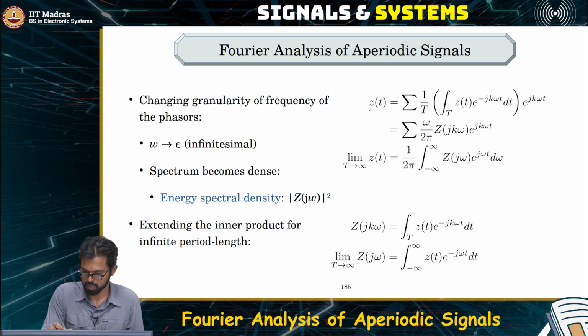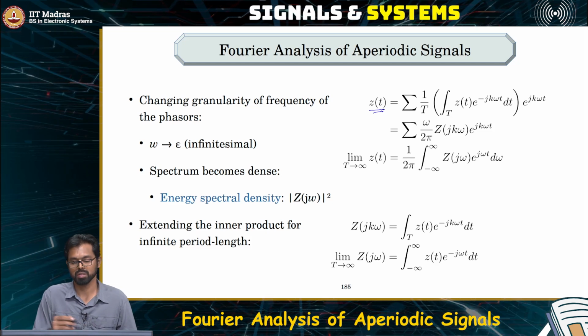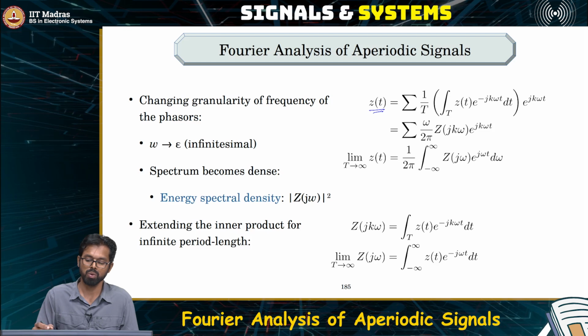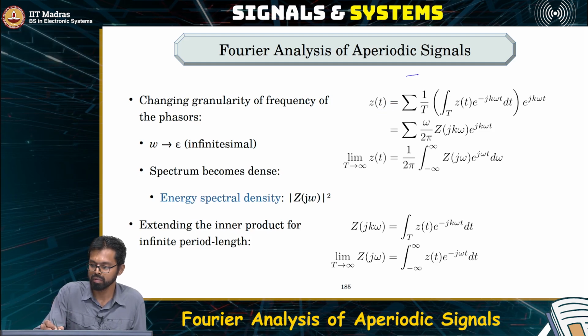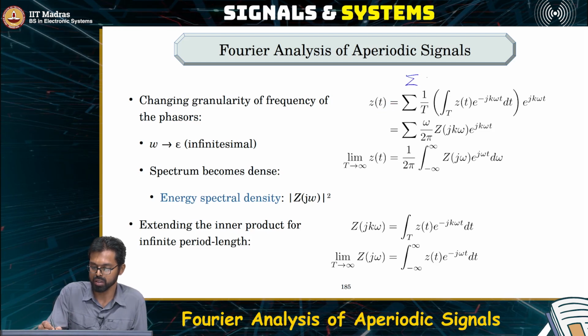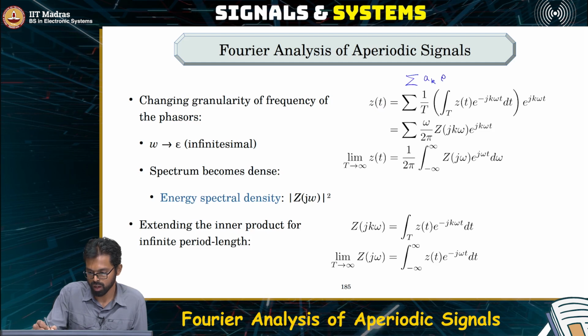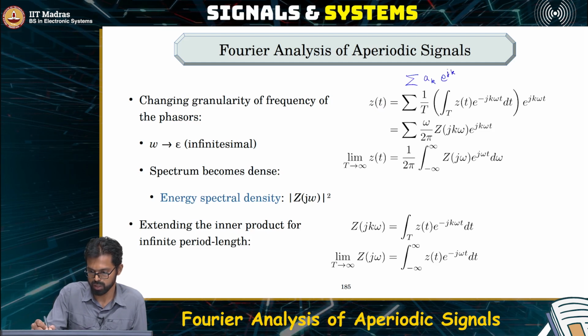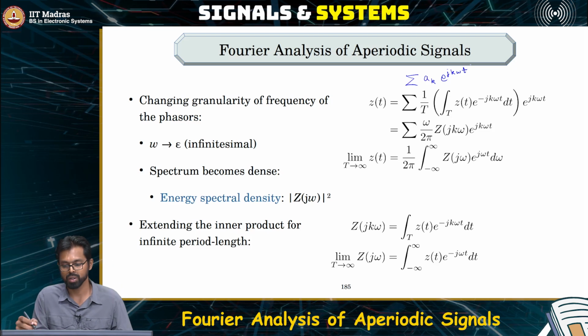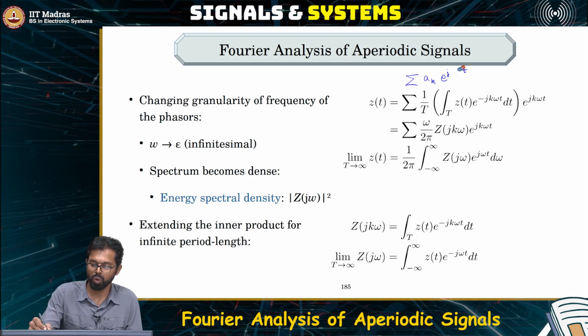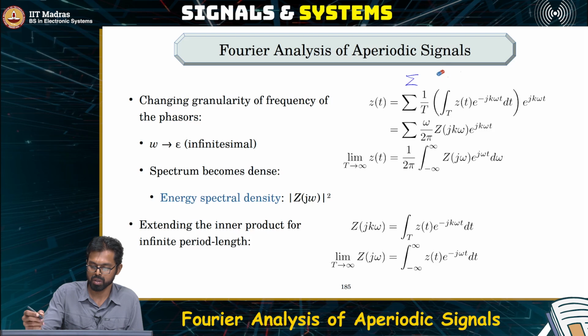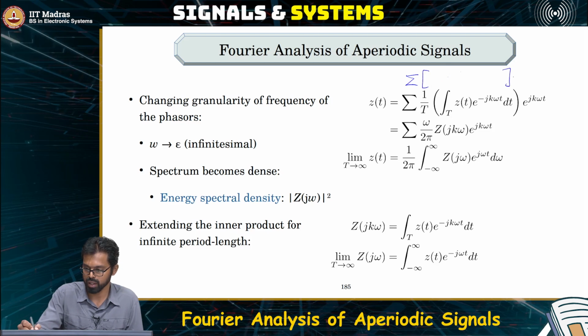So we have some signal z of t. Let us assume that it is periodic for now. If it is periodic, then we can represent that using a Fourier series representation, and this is the Fourier series representation. Now what is a_k in this Fourier series representation? How do you compute this a_k?